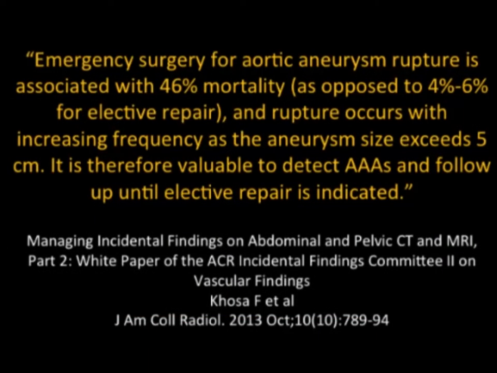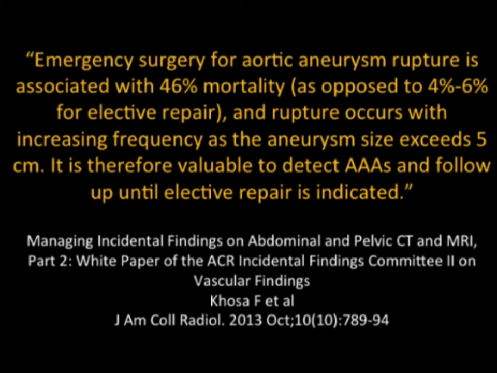It's important to recognize that if you have an abdominal aortic aneurysm that's growing or is above a certain size, and typically we talk about a size of over 5 centimeters, then we might consider elective surgery. Remember, with elective repair of aortic aneurysm, whether it's open repair or now more than ever endovascular repair, the mortality is relatively low, in the 4 to 6% range, but emergency surgery is almost a 50% mortality.